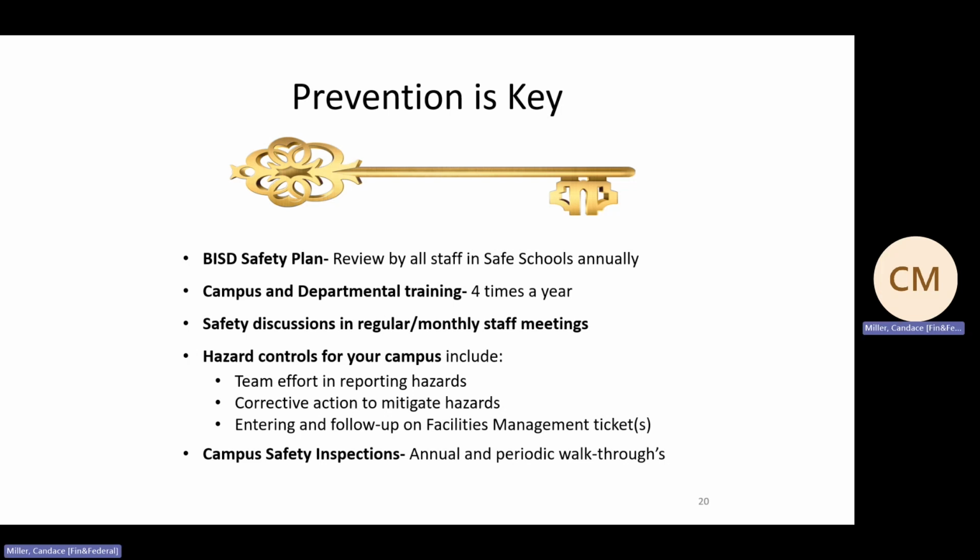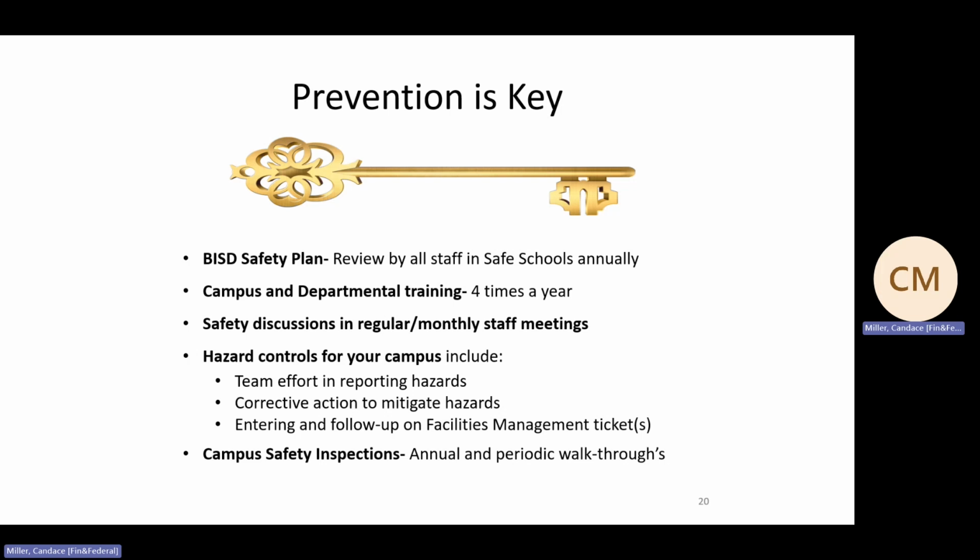Our efforts in accident prevention include the BISD safety plan, reviewed by all staff in Safe Schools annually, campus and departmental training 4 times a year, and safety discussions in regular and monthly staff meetings at your campus.